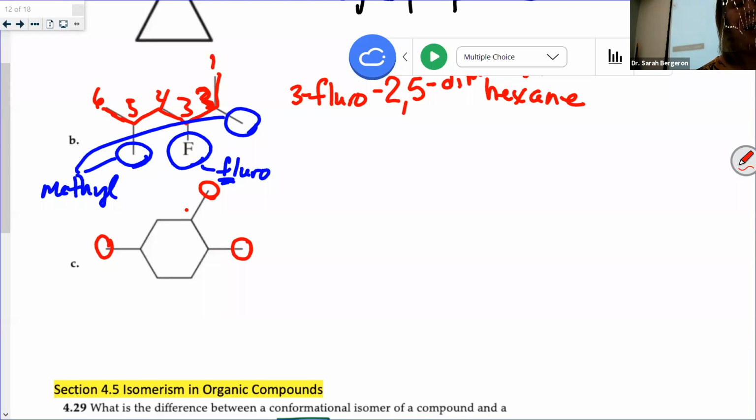What if I start here? 1, 2, those are low. 3, like I could count, that would be great. 3, 4, 5, 6. Is that the lowest way that I can count? No? What should I do? 1, 2, 3, 4, 5, 6. So I'm going to go with my blue numbers.